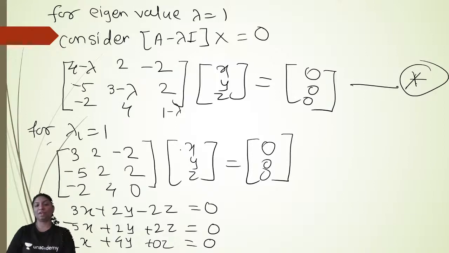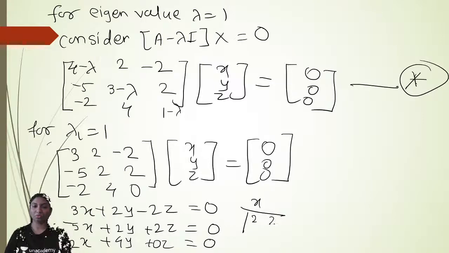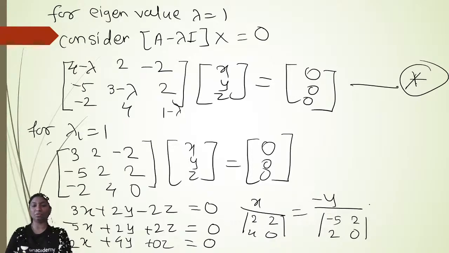So we can find the value of x, y, z by using Cramer's rule. We will get x upon the determinant of 2, minus 2, 4, 0, which is equal to minus y upon the determinant of minus 5, 2, minus 2, 0. Here we will use Cramer's rule.